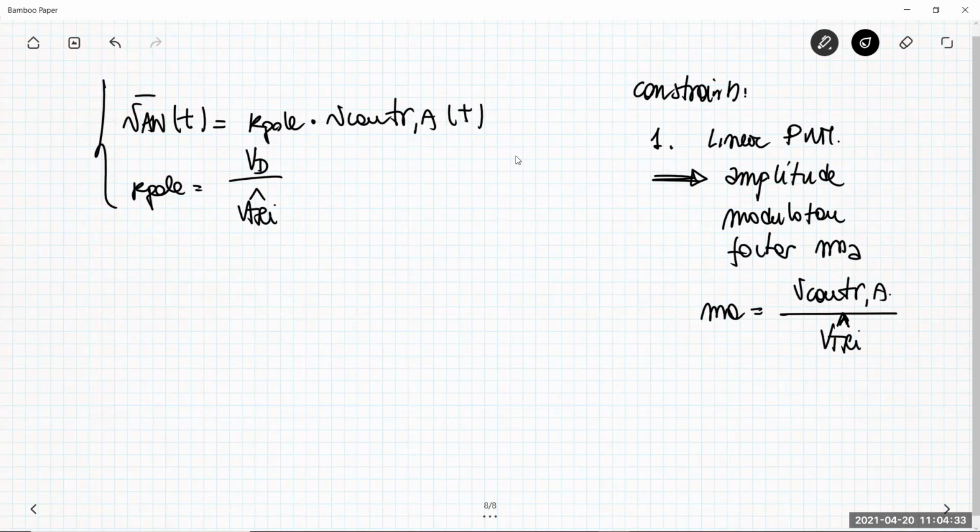This MA in the linear pulse width modulator is less than or at maximum equal to 1. So the linear pulse width modulator has a direct expression if you use this parameter, the amplitude modulation factor.